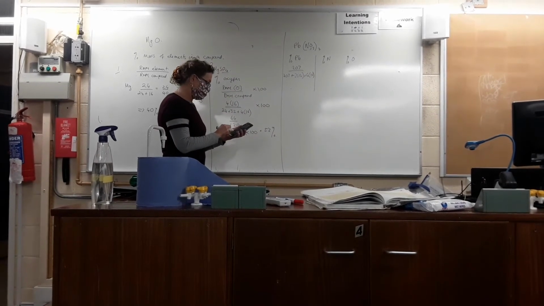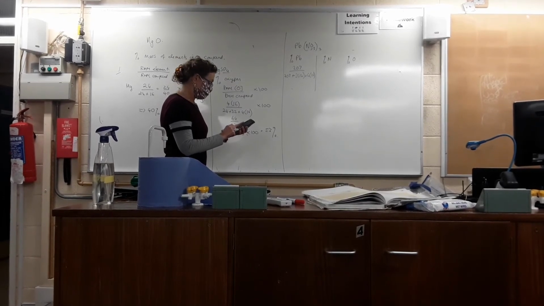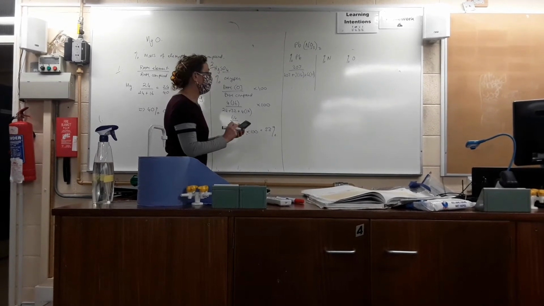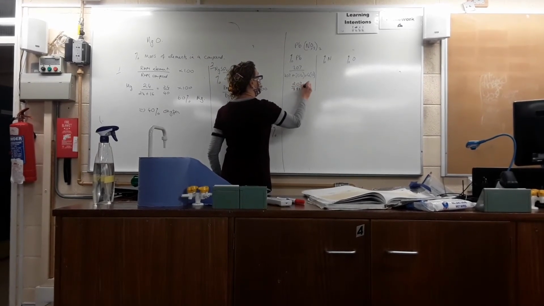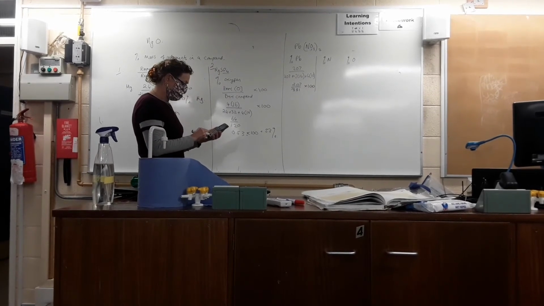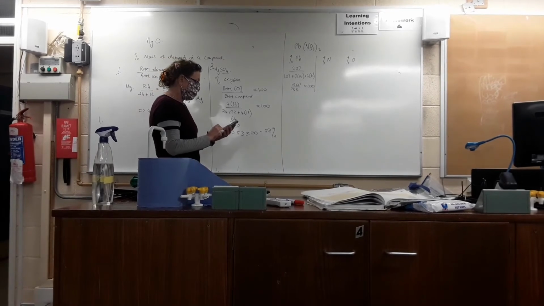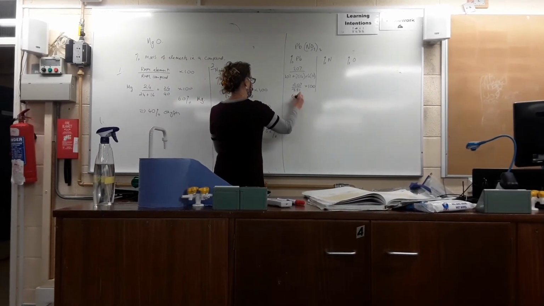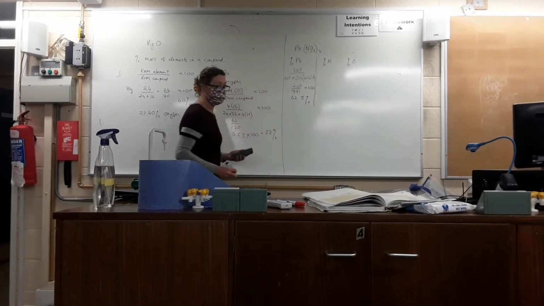So this becomes 207 plus 28 plus 6 16ths gives me altogether 331. And of course, for percentage, I multiply by 100. So 207 divided by 331, and that gives me, I'll go to 1 decimal place here, 62.5%.